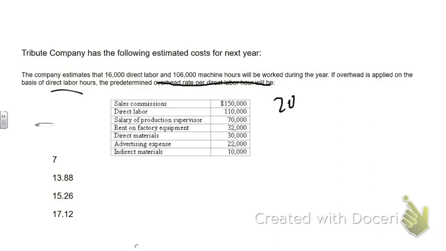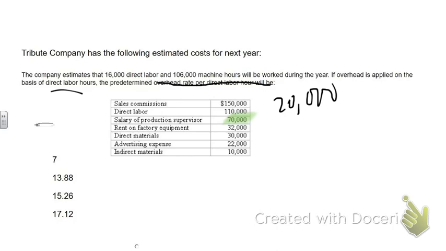Well, the 70,000 for the production supervisor, that's not direct materials. Sales commissions are selling, general and administrative, so they're not included. Direct labor, we can place that on the products directly, so we don't have that. So we've got the 70 grand for the production supervisor.